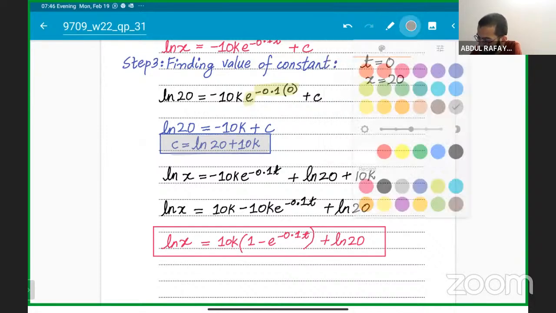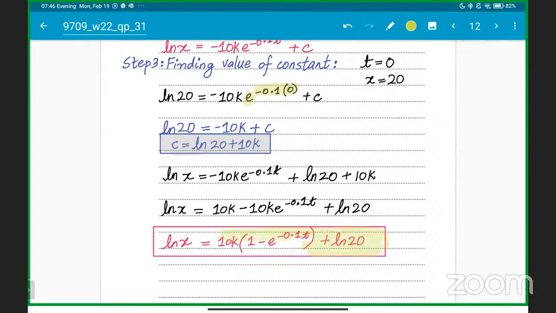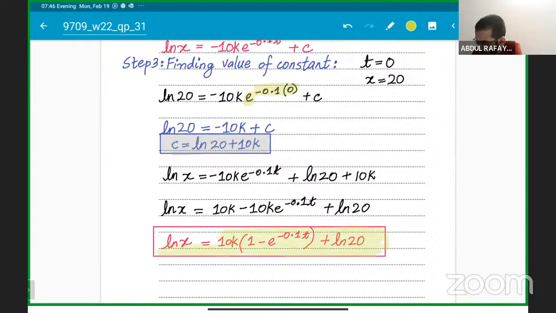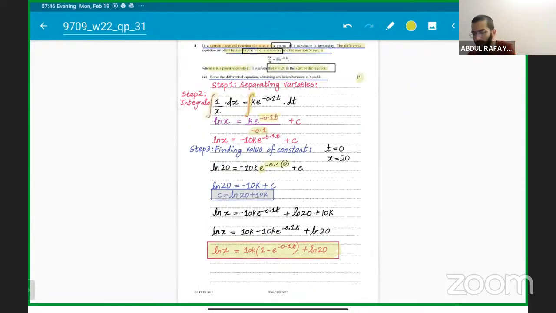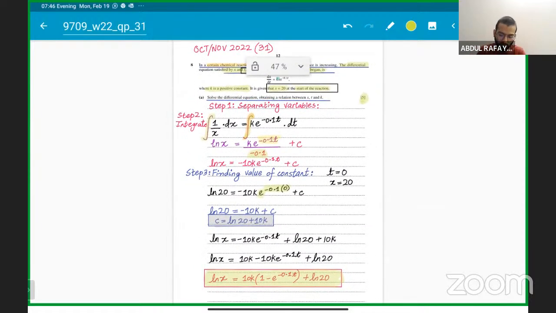Is everyone clear? To get the full first 5 marks for part A, we will have to do it like this. I would expect everyone to take a screenshot, giving 10-15 seconds to revise this and understand what the mistake is, if there is any. If anyone has any questions on any steps, do let me know.